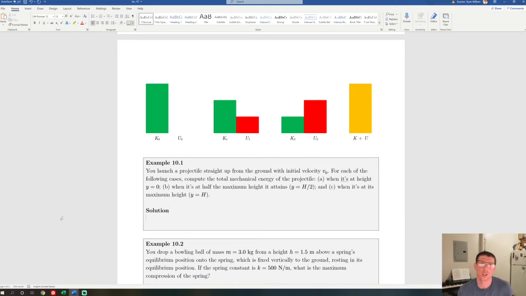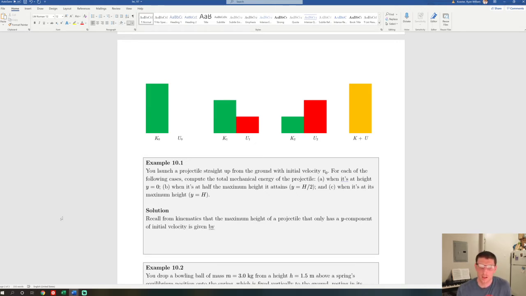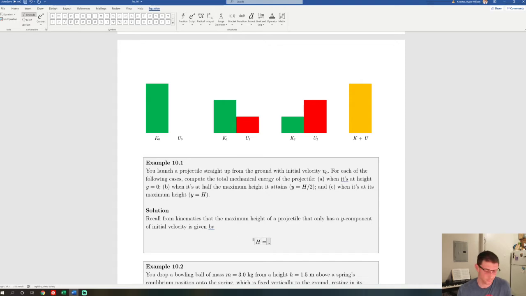The first thing I want to say is this is a result from kinematics that we're going to need. Recall from kinematics that the maximum height of a projectile that only has a y component of initial velocity is given by this.